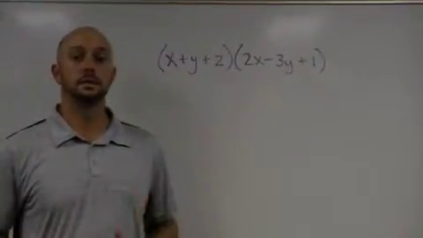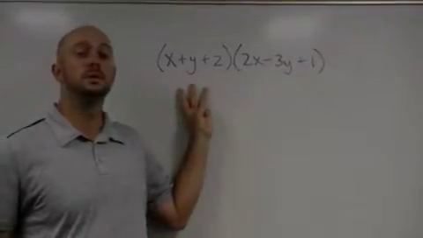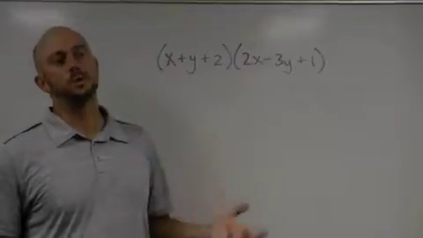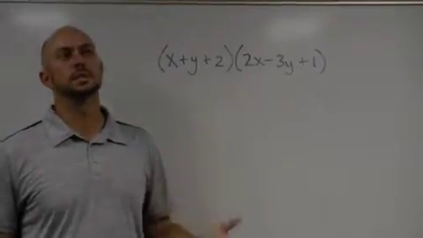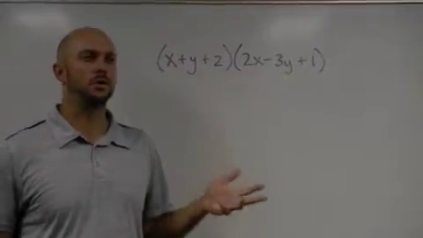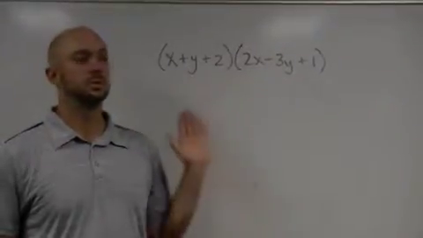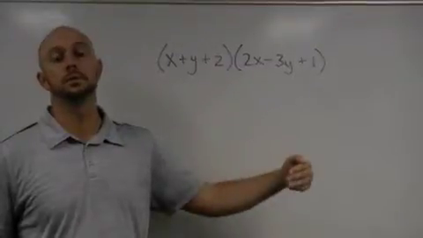Last but not least here, we have a three-termed polynomial and a three-termed polynomial. FOIL, the acronym FOIL, doesn't really apply here. First, outer, inner, last. There's a couple of different pieces. The same steps follow. We're going to start drawing these arcs and drawing these rainbows.